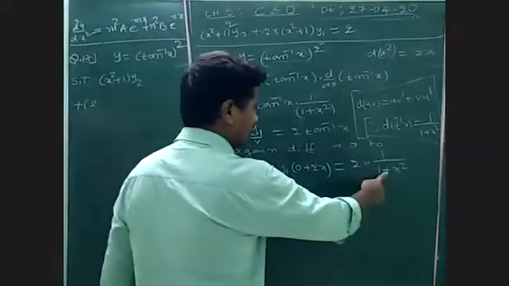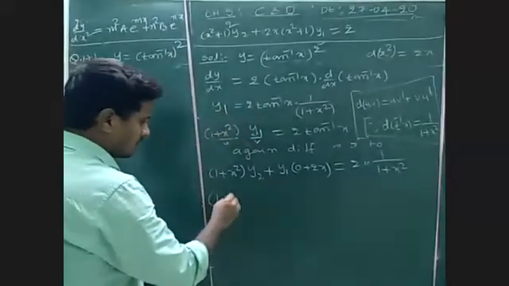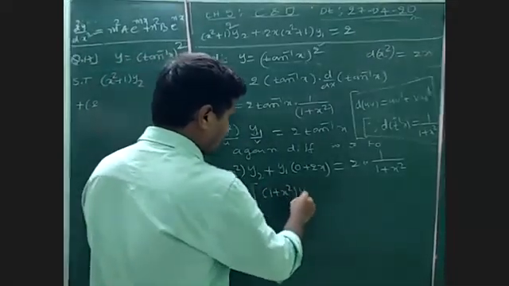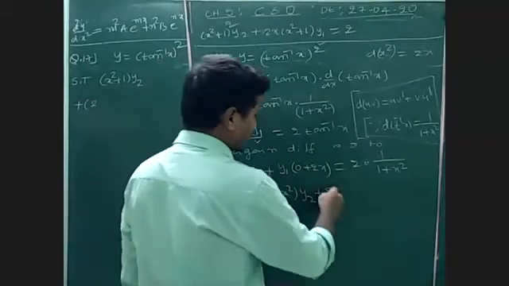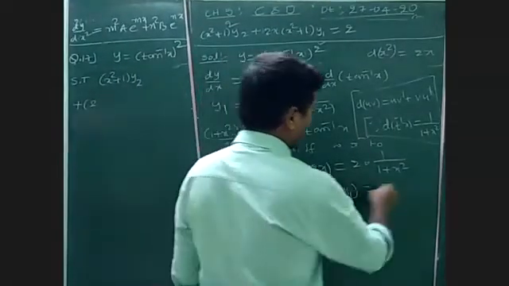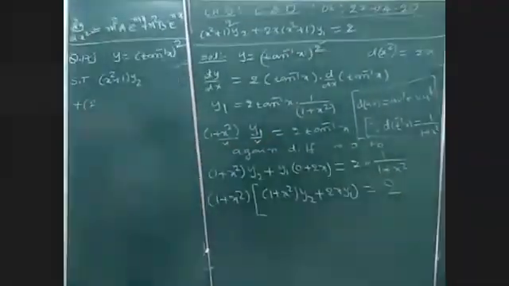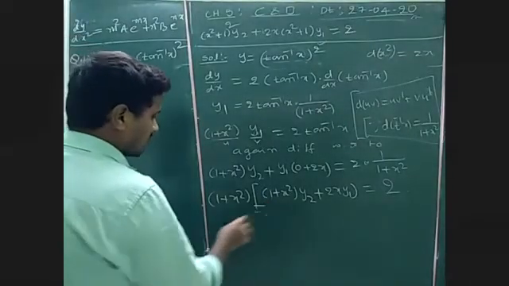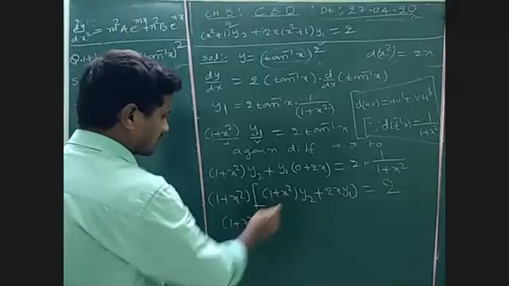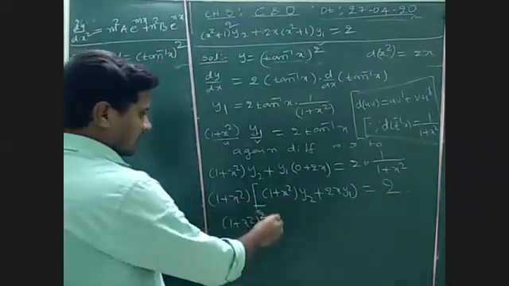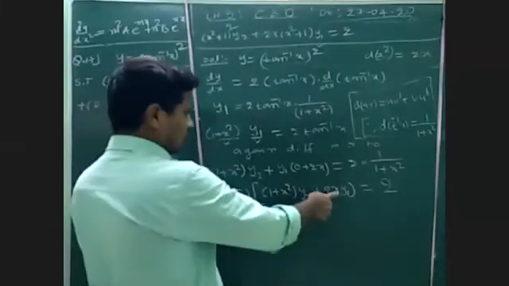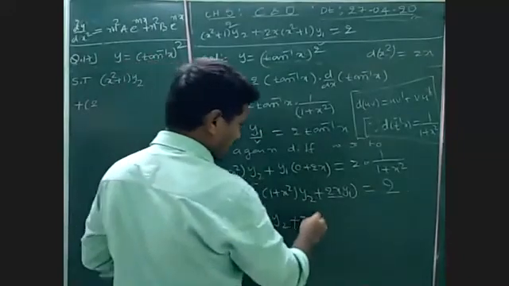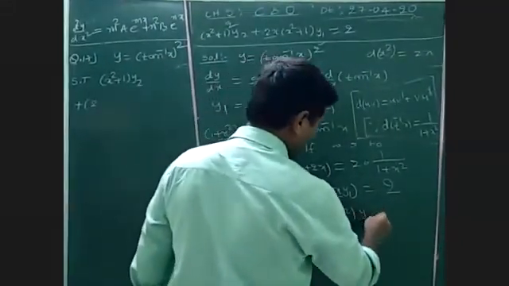Now again I need to cross multiply this 1 plus x square. So 1 plus x square into 1 plus x square y2, then 2x into y1 plus 2x y1 is equal to the right side 2. Multiplying with 1 plus x square, we get 1 plus x square whole square into y2, plus 2x into 1 plus x square y1 is equal to 2.